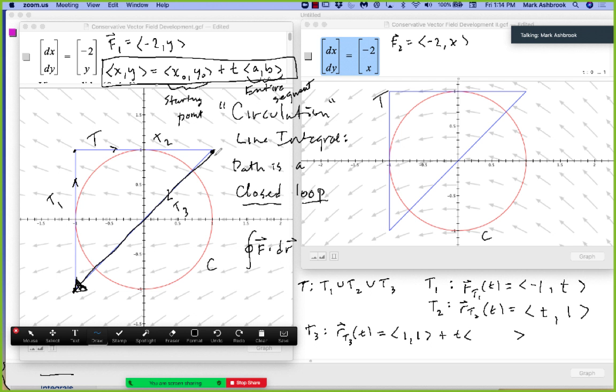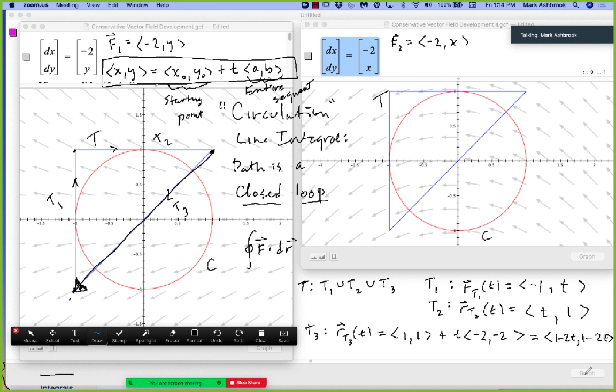Remember, the vector is the changes. How much does x change from here to here? How much does y change from there to there? -2, -2 both. Or you can take the coordinates of the tip and subtract the coordinates of the tail, which gives you the same thing. So what we get for T3 is 1 minus 2t, 1 minus 2t.